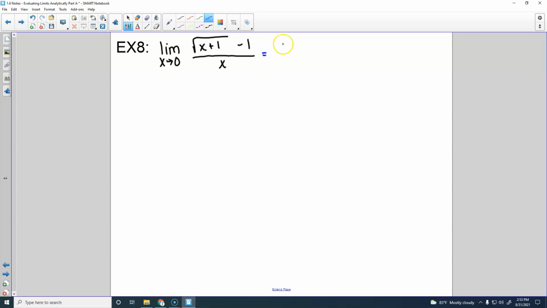You can do it in your head if you want, but if you plug in 0, you're going to get square root of 1 minus 1, which is 0 over 0. So we get nowhere with that, right? So that tells us we've got to do something else. Again, you can do that in your head. You don't have to write it down. Most of the time, it's going to give you 0 over 0 because I'm testing to know whether you know how to do all this other harder stuff, right?